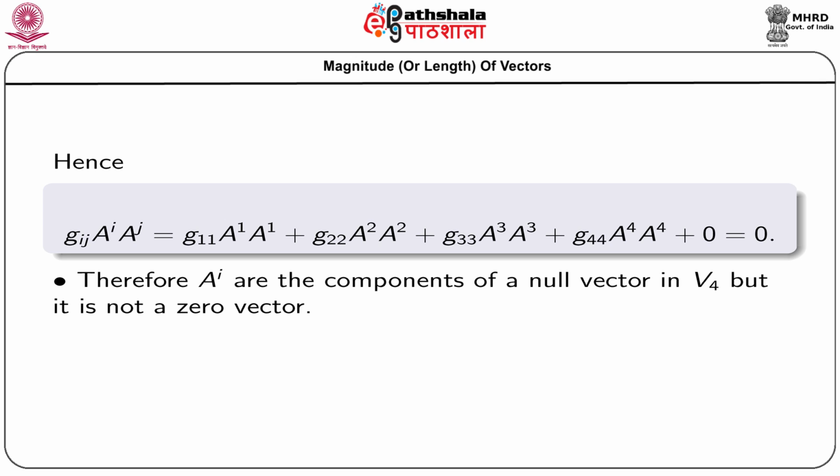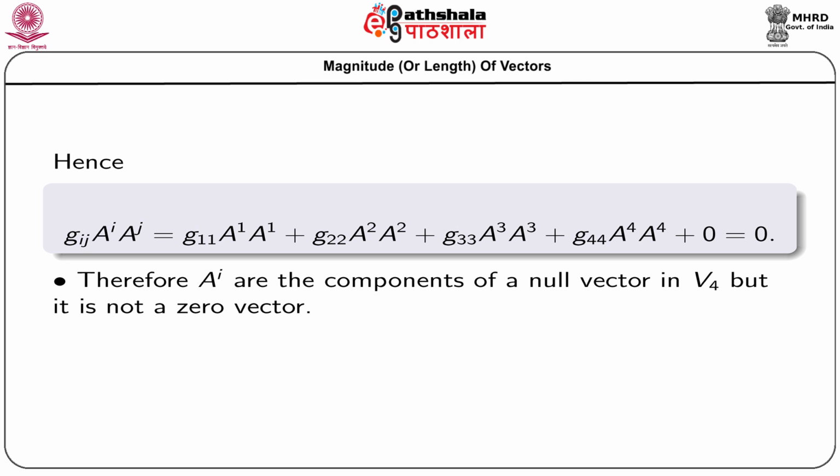So, if we calculate Gij Ai Aj, then we get G11 A1 square plus G22 A2 square plus G33 A3 square plus G44 A4 square, and if we put in the values of these Gii and Ai's, we get this equal to 0.